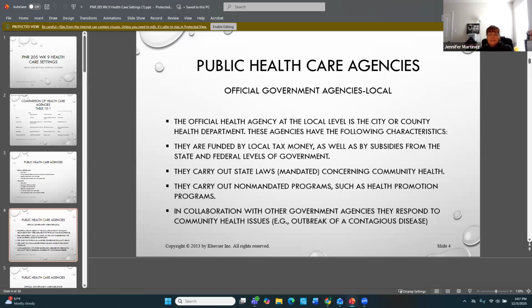These agencies are funded by local tax money. They also may get subsidies from either the state or the federal government. They carry out state laws which are mandated concerning community health. They also may carry out some non-mandated programs like health promotion programs.